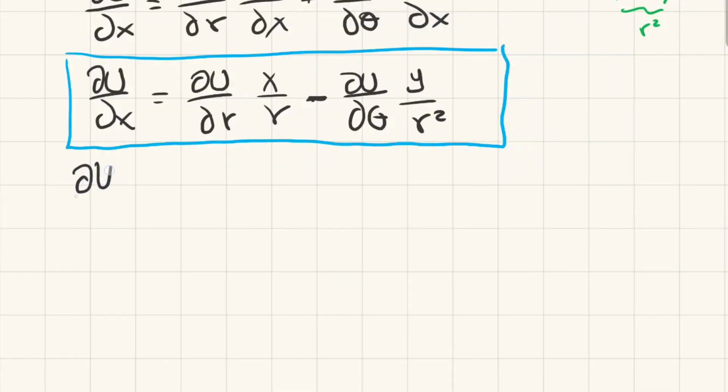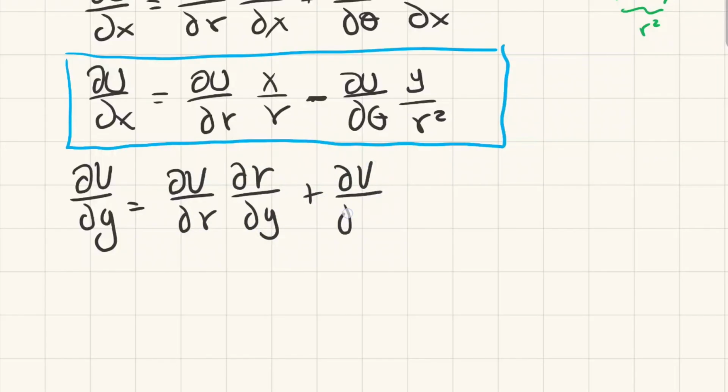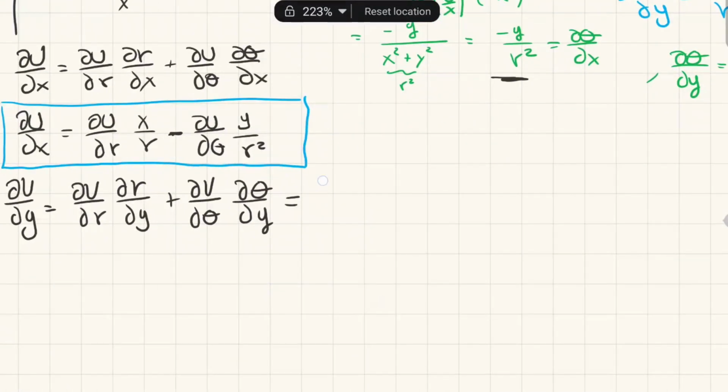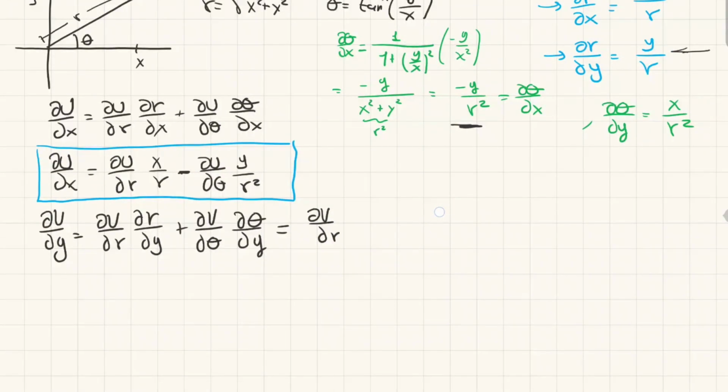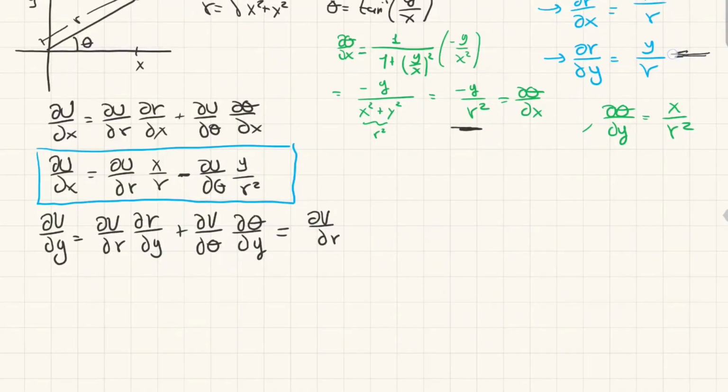So the derivative of b with respect to y is the derivative of b with respect to r, the derivative of r with respect to y, which is y divided by r, plus the derivative of b with respect to theta, the derivative of theta with respect to y, which is x divided by r squared. So this is the derivative of b with respect to y. Okay, perfect.